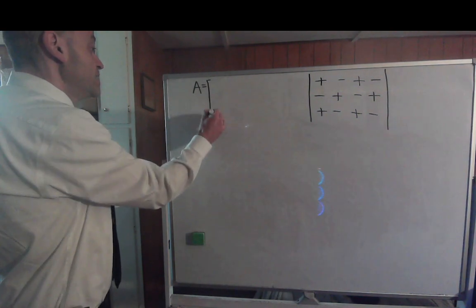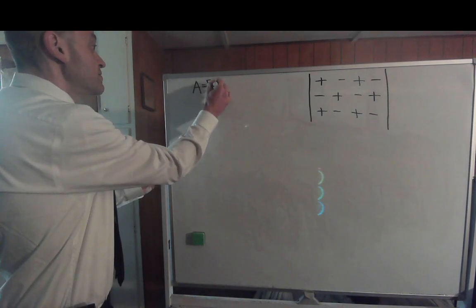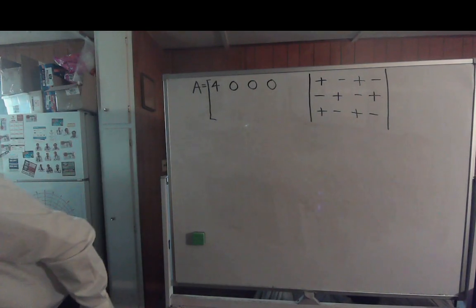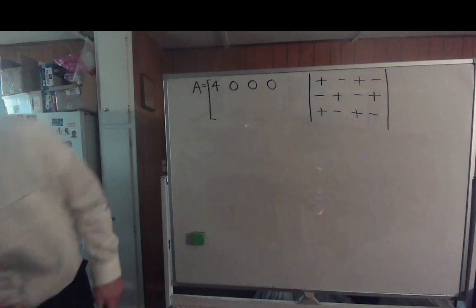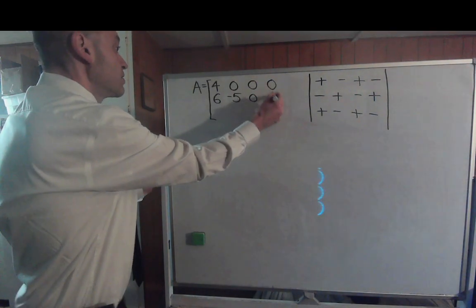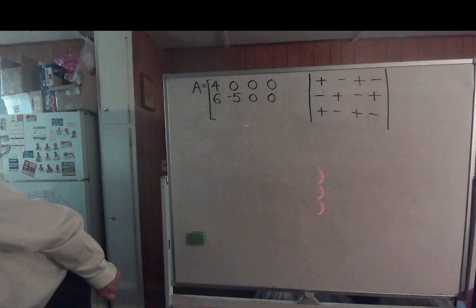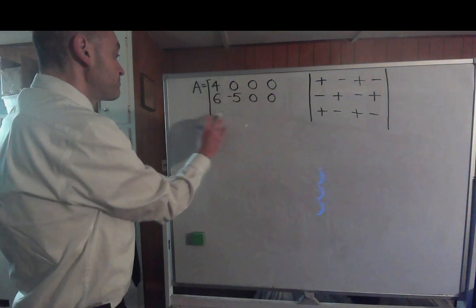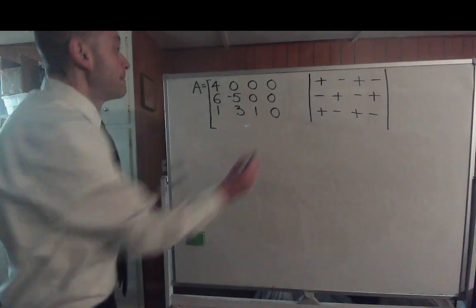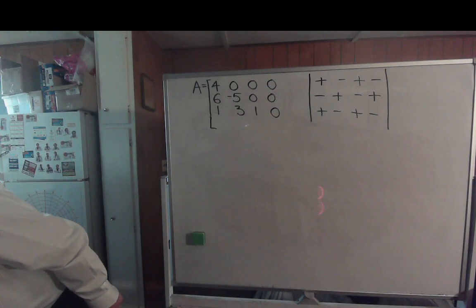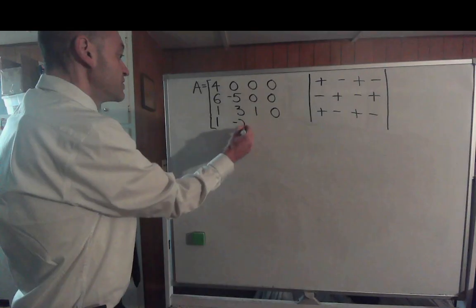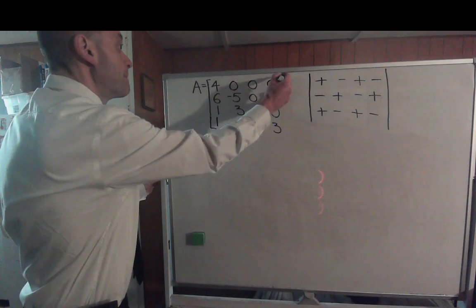Let's say I have a 4 by 4 matrix with entries 4, 0, 0, 0. Six, negative 5, 0, 0. 1, 3, 1, 0. 1, negative 2, 7, and 3.